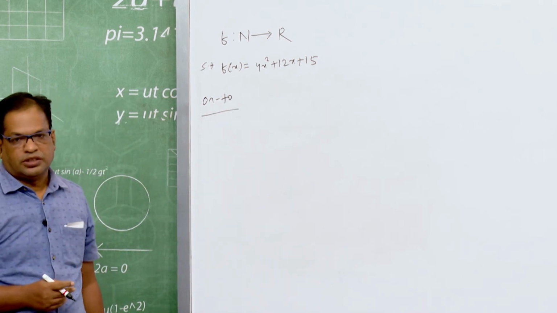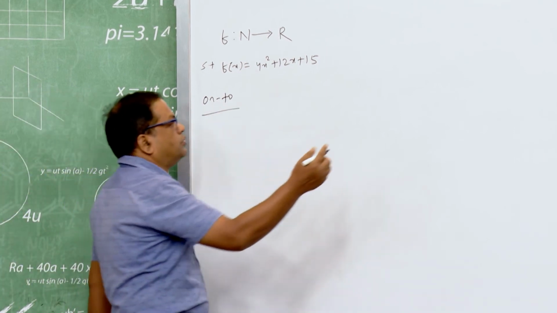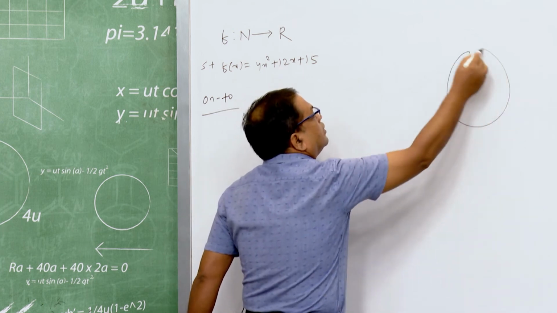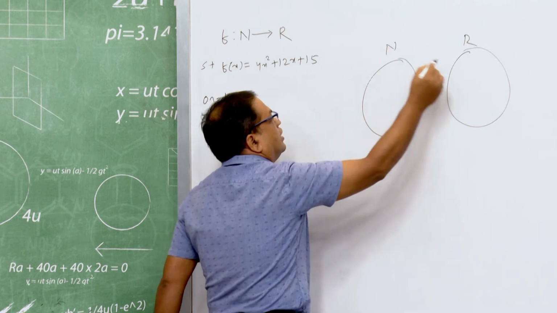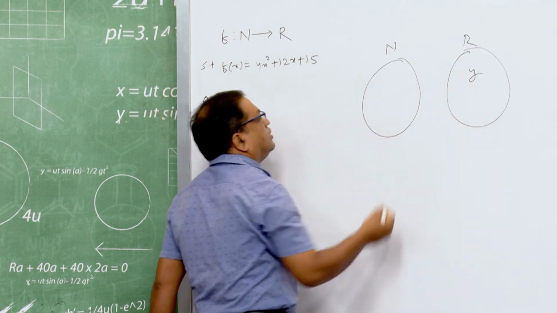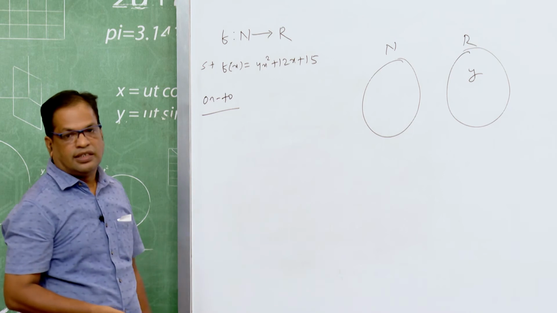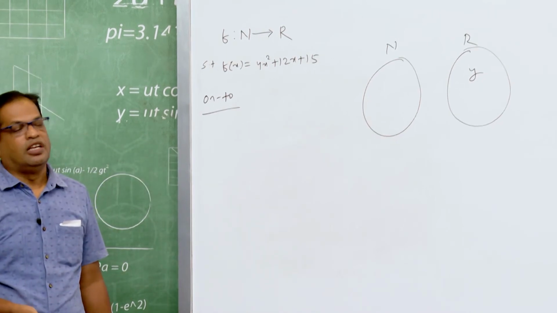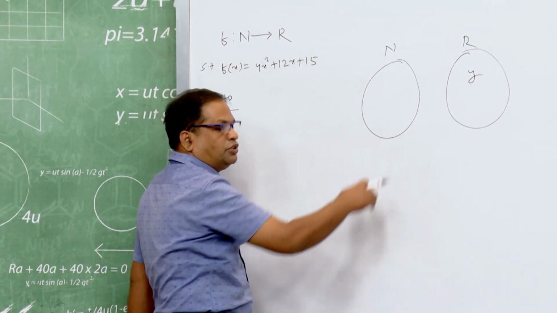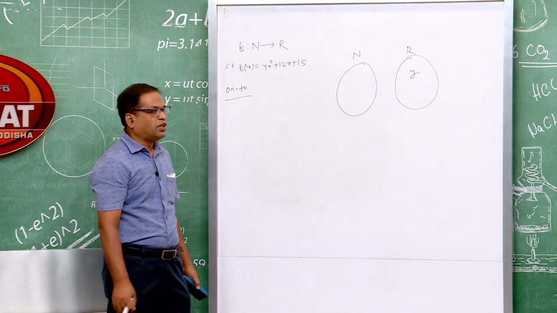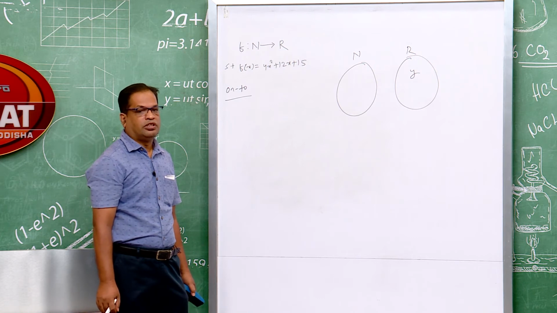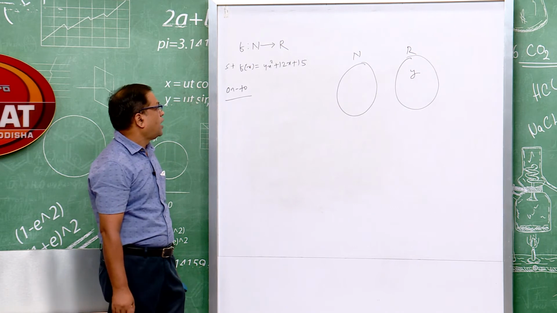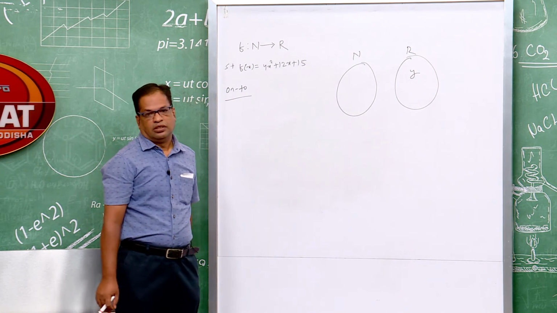For the onto test, we take any element y in the codomain, and then we have to find an x, or show that every element of the codomain is related. If every element is related, then the codomain equals the range. When the range is not equal to the codomain, the function will not be onto. So we will find the range of this function.